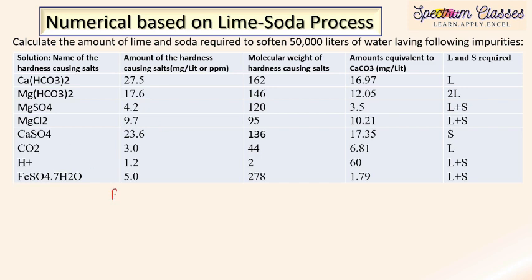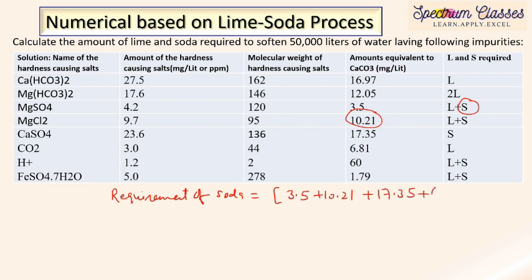The requirement of soda is equal to this much, so 3.5, 10.21 plus 17.35 plus 60 plus 1.79 multiplied by 106 divided by 100.